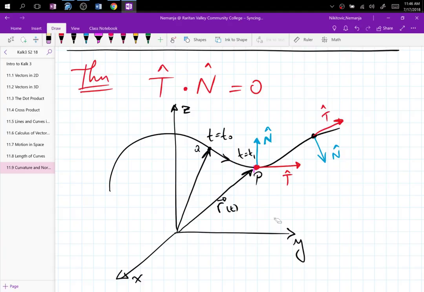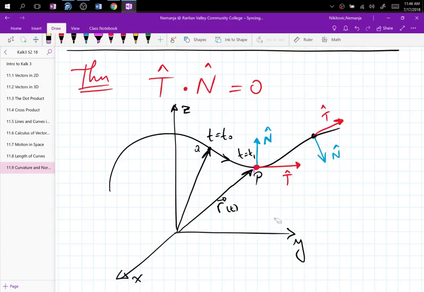So yeah, that's that. Now, for a straight line, the curvature is 0. But for the lines that have curves, the curvature is not 0.